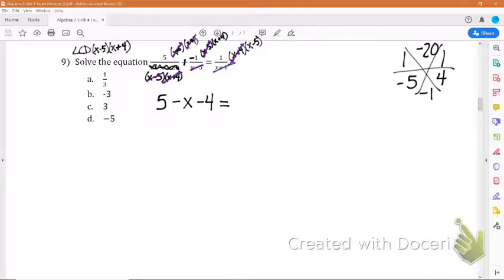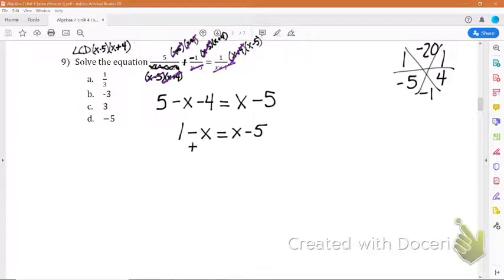So that cancels with that, and then I just have 1 times x minus 5, so 1 times x is x. 1 times negative 5 is negative 5. Now you have just a regular algebra problem. So you want to combine like terms, the 5 and the negative 4. 5 minus 4 is 1, so 1 minus x equals x minus 5.